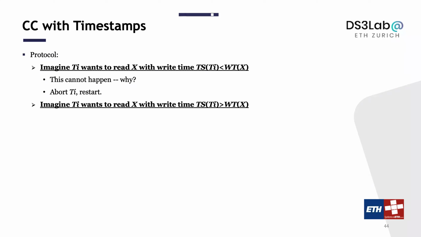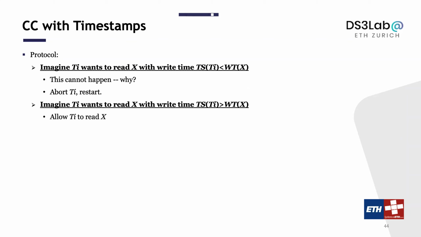So similarly, you have TI, and it tries to read X, right? And if you look at the write time of X, it actually happened in the past. The timestamp of TI is larger than the write time of X. In this case, what am I going to do? Yeah, in this case, it's fine, right?